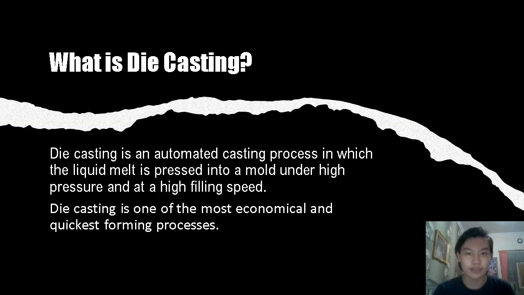So, what is die casting? Die casting is an automated casting process in which the liquid melt is pressed into a mold under high pressure and at a high filling speed. The high pressure is approximately 150 to 1200 bar, and the velocity of the high filling speed is up to 540 kilometers per hour.